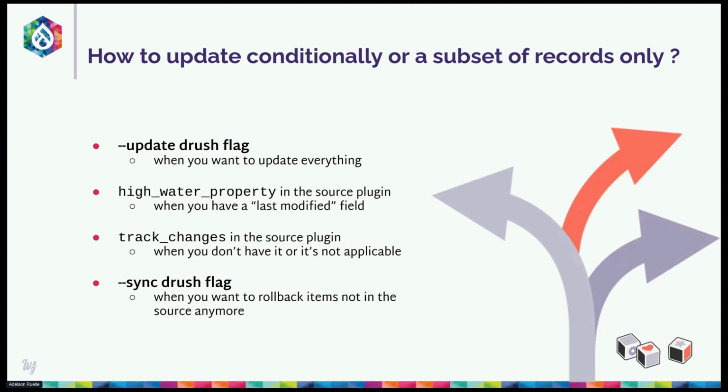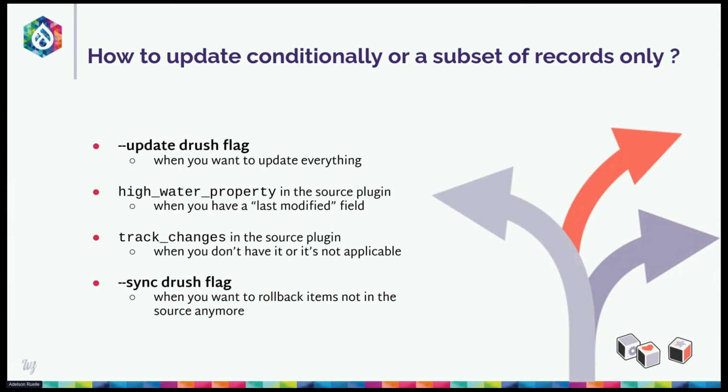So it's more involved than that in reality, but that's the gist of it. Then track changes, it's pretty much the same as the high-water property, but it allows you to compare hashes of the incoming data with the previously imported data for each row. And if the hash is not the same, it will get updated.